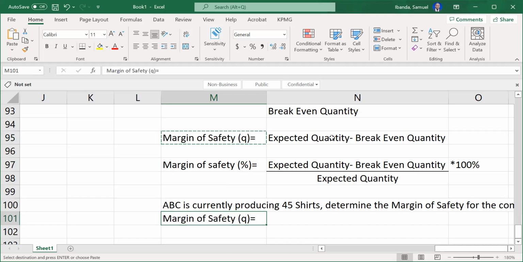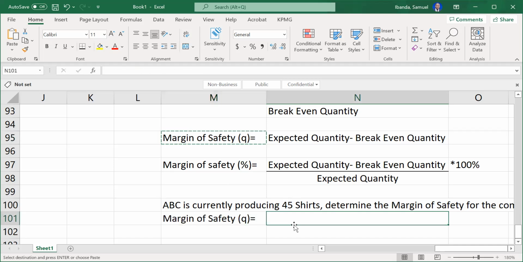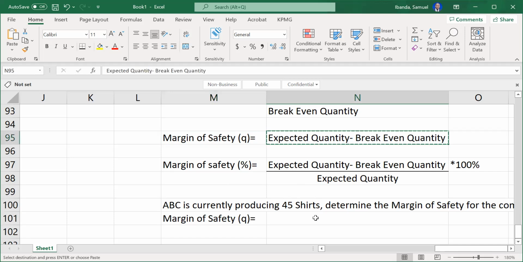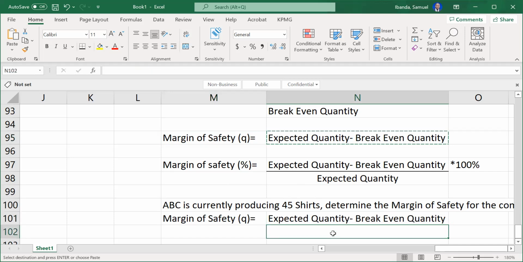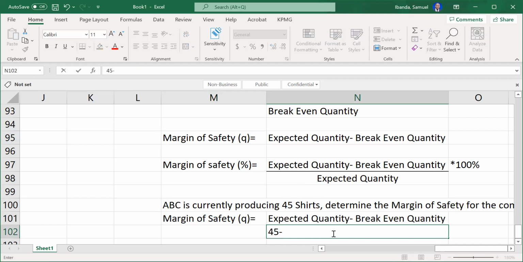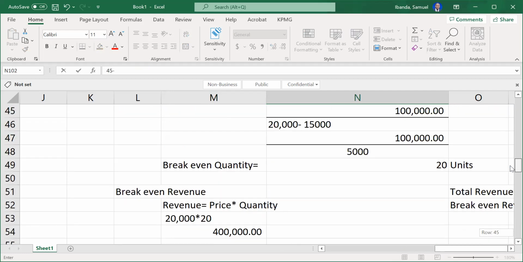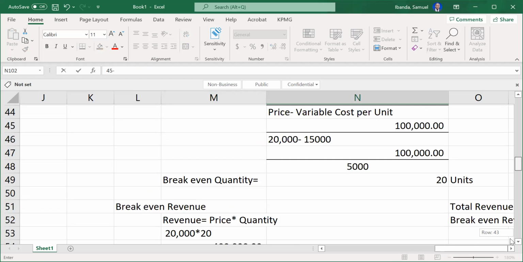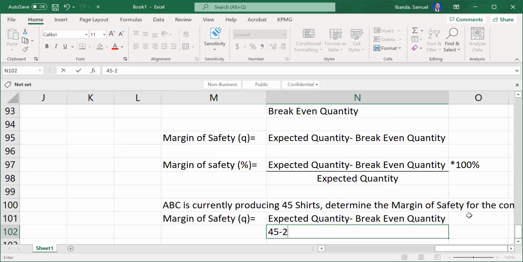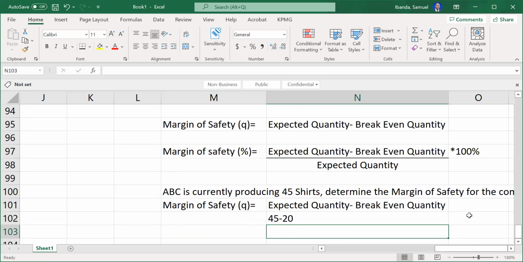If it's in terms of quantity, you just do directly: you get your expected quantity minus break-even. Expected quantity is 45. We subtract, remember we got our break-even quantity to be 20. So subtract 20, and this gives you 25.